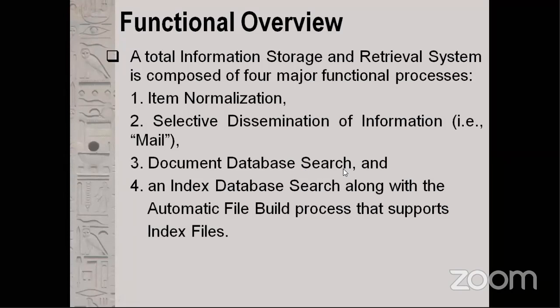The third one is document database search, and the fourth one is index database search along with the automatic file build. So AFB, automatic file build, supports the generation of the indexes here.